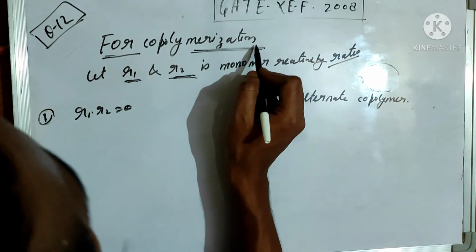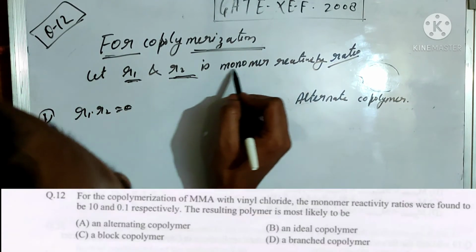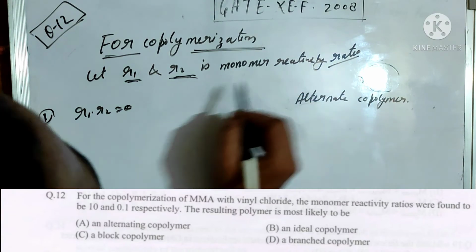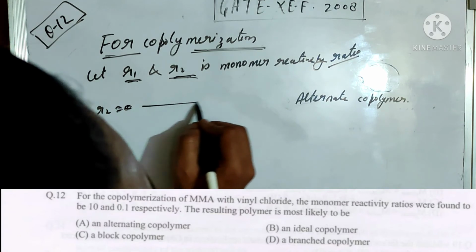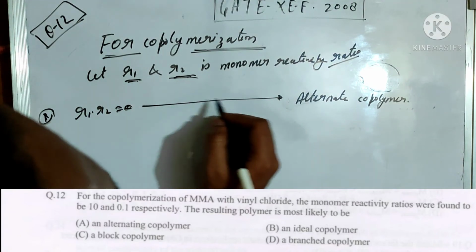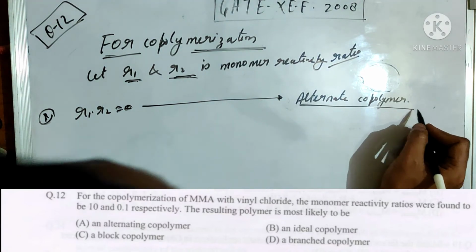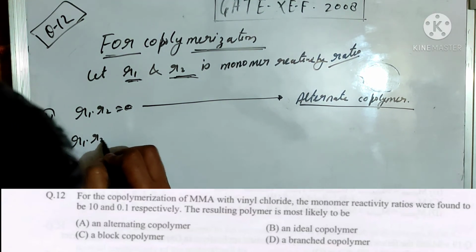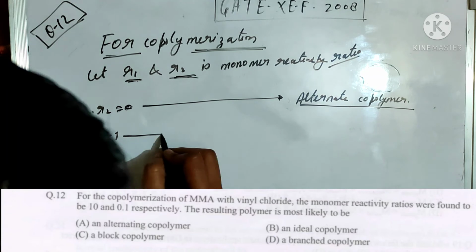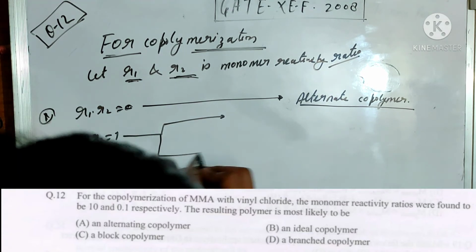For the copolymerization process, let r1 and r2 be the monomer reactivity ratios. First condition, when r1·r2 is equal to 0, then the polymer formed by the copolymerization is an alternating copolymer. Second condition, when r1·r2 is equal to 1, there are two cases.